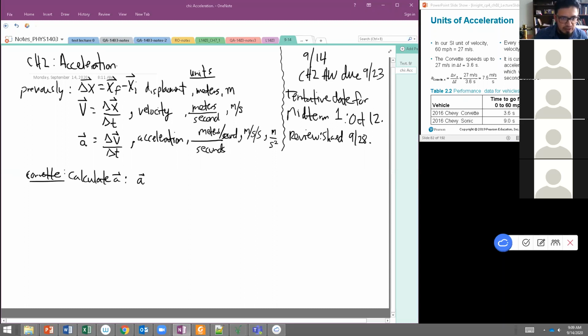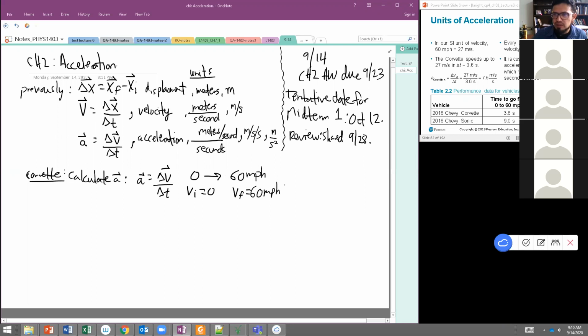We know that it's going to be some change in velocity over delta t. And if they tell us that it can do 0 to 60 miles an hour, in this case, the initial velocity is 0. Final velocity is whatever 60 miles an hour converts to in meters per second.